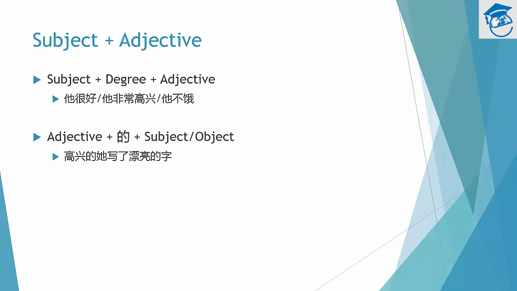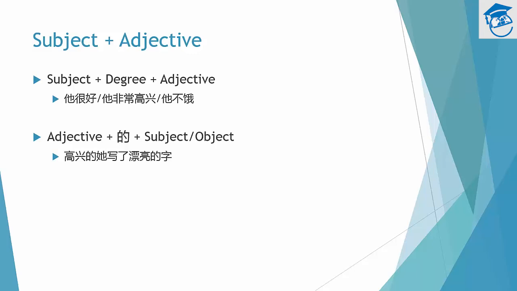So it's like, she being very happy, she wrote beautiful words. Okay, this kind of grammar structure is allowed in Chinese grammar, and it is quite hard to translate this into English in a perfect manner.